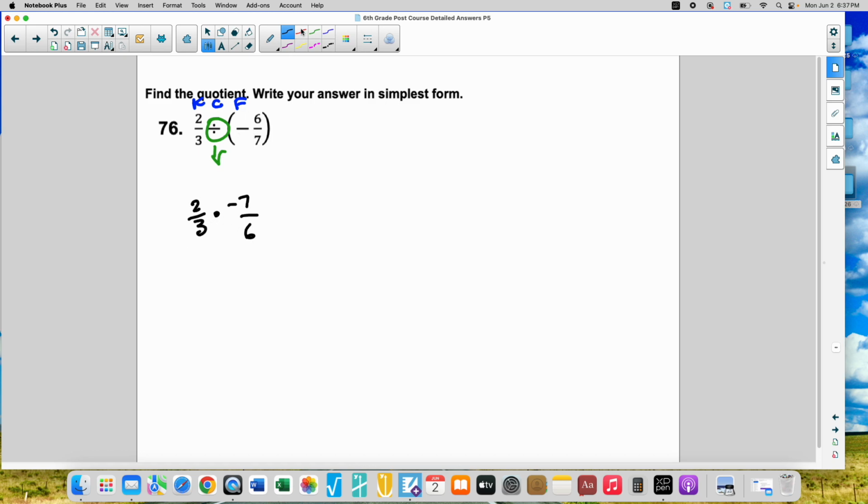Now, can we cross cancel? Yes, we can. 2 goes into 2, and 2 goes into 6. And now we're going to multiply across. 1 times 7 is 7. 3 times 3 is 9. And now we have a positive times a negative, which equals negative 7/9. We know our fraction is reduced to its lowest terms because we cross-canceled everything.